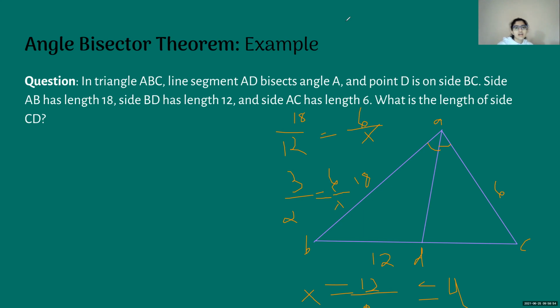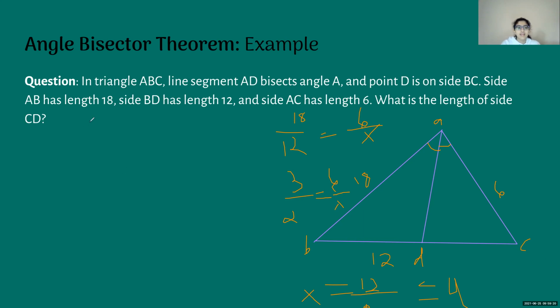Does anyone have any questions? Okay, so in the chat, I see that people ask how I got 4 again. The angle bisector theorem says AB over BD equals AC over CD, right?